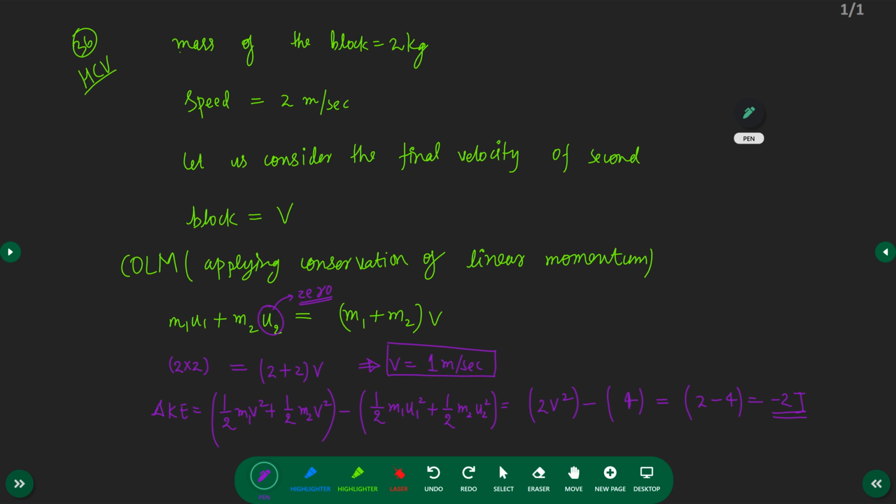So loss is negative. That means what? Final is less than the initial, right? Hence kinetic energy is decreasing. Hence delta KE equals minus 2 joules. All right.